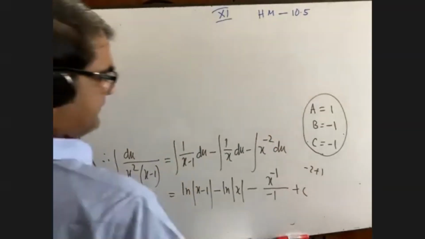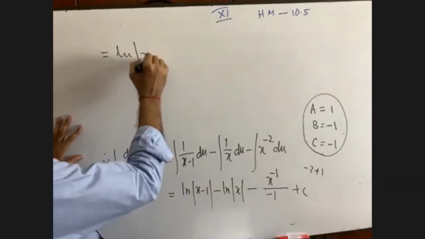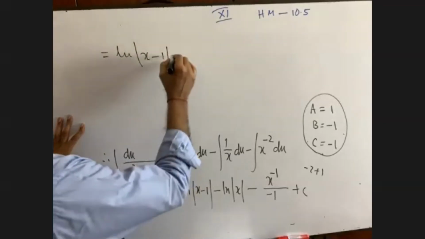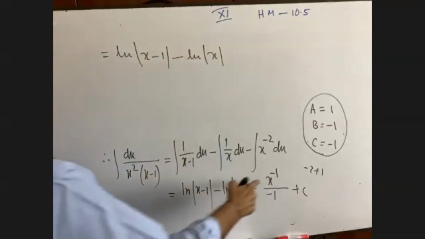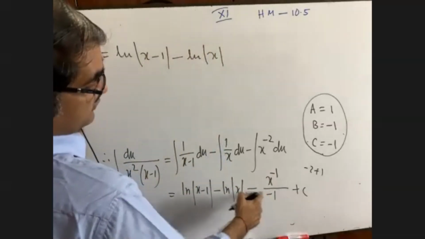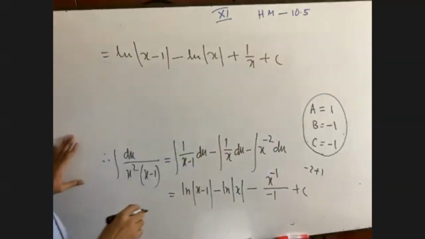That means we are getting ln x minus 1 minus ln x, minus minus plus 1 by x plus c. And we are done here.